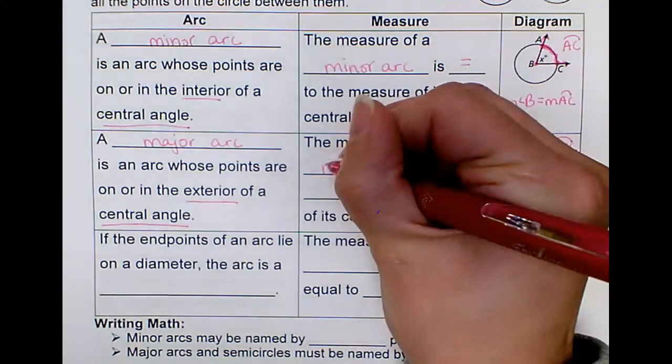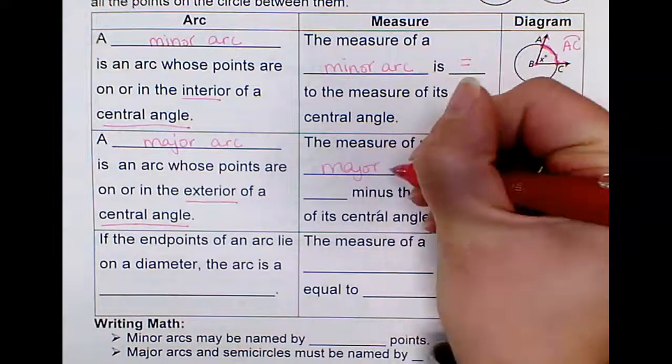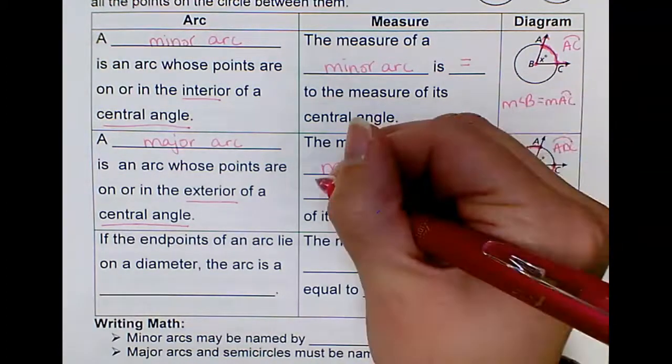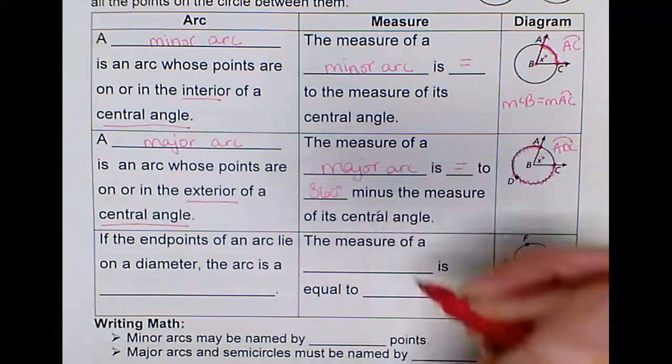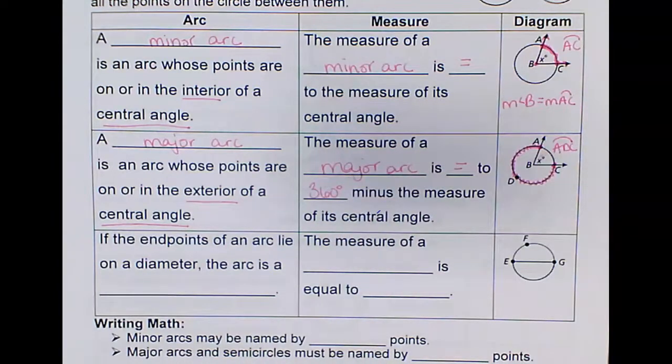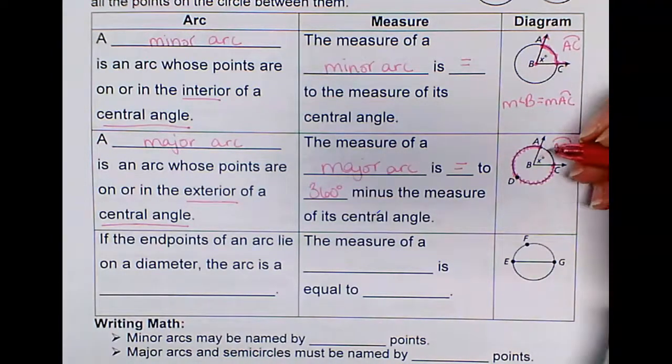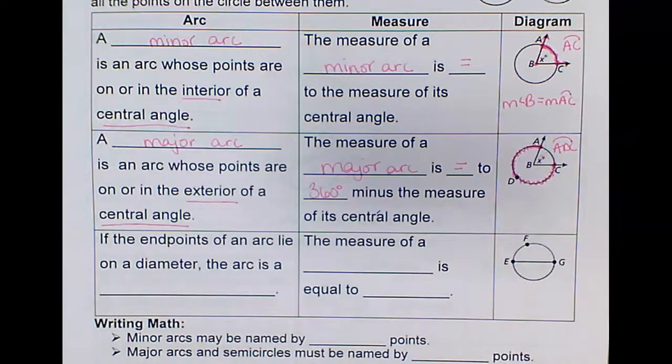And the measure of a major arc is going to be equal to 360 degrees minus the measure of its central angle, because 360 degrees is the measure in degrees of the entire circle, and if we just subtract out of it the measure of the central angle, and therefore the measure of the minor arc, then we're going to get what's left over, and that would be the measure of the major arc.